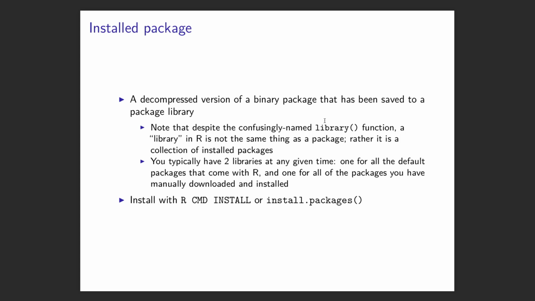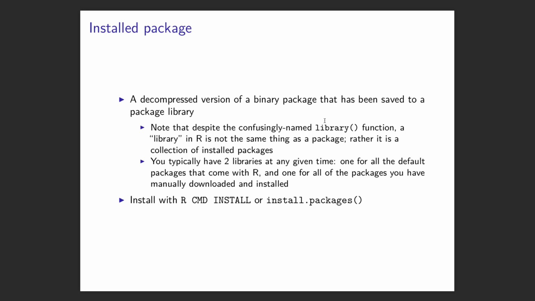Despite the confusingly named library function, a package and a library are not actually the same thing. Library loads a package from a library, where you typically have two libraries. One library contains all of the packages that you've downloaded and installed yourself. The other library has all of the R packages that come with R itself.